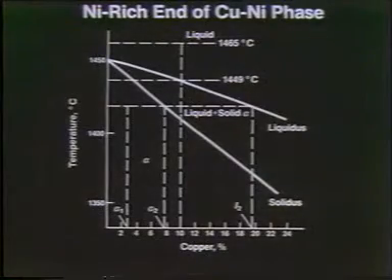Well, in the next slide, we find out that we can do all sorts of tricks, and we do something that's called purification. This is one end of the diagram. It's the nickel-rich end, and we find out now that if we want to, we can examine one temperature to find out what the material is we're going to solidify.